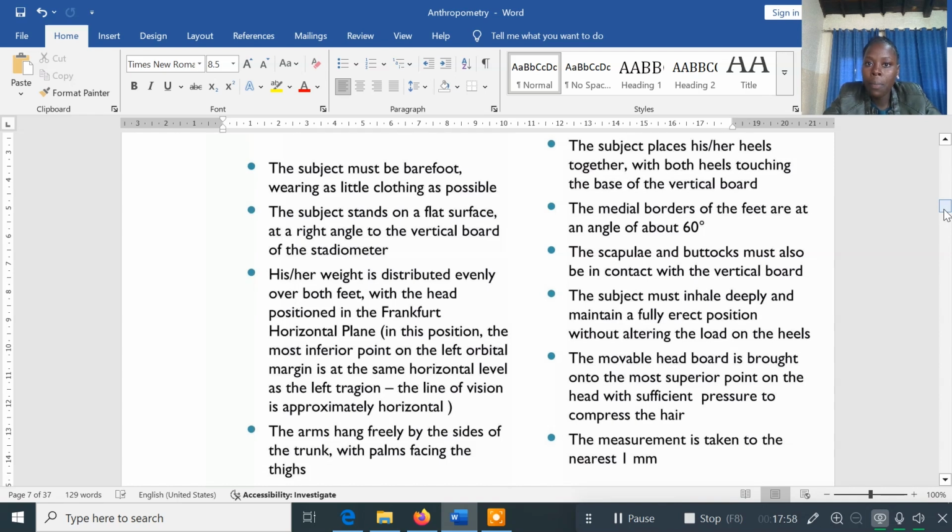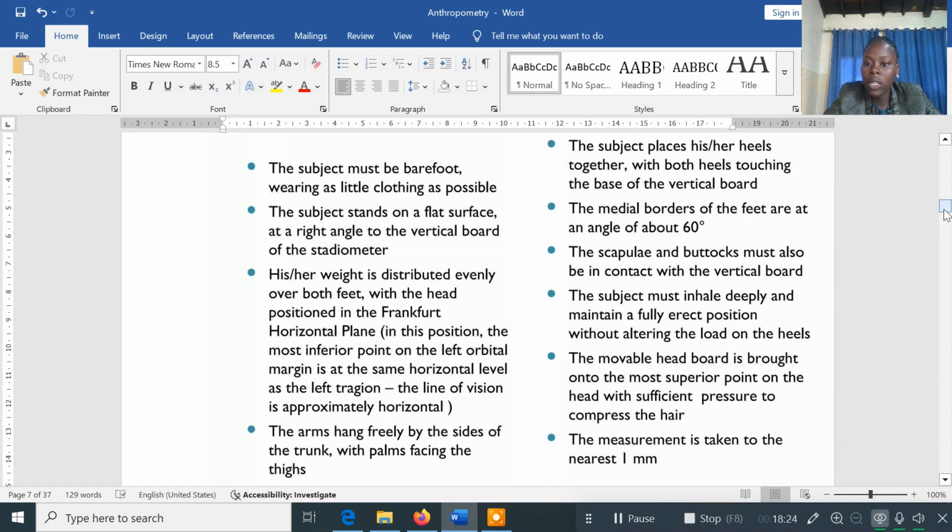What am I trying to mean? The scapula is the bone behind the shoulders. So you have to make sure that the client's shoulders are touching the board or the wall, okay, and also the buttocks too. Then the subject must inhale deeply and maintain a fully erect position without altering the load on the heels.